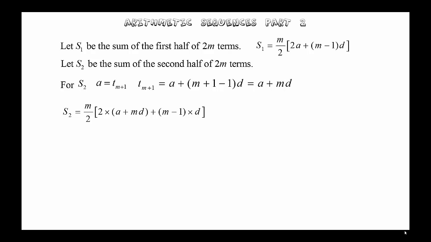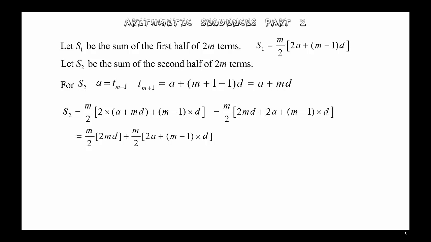Now what we're going to do is manipulate this formula for S2 to involve S1 as well. So first of all, let's simplify what's in the square brackets by expanding the brackets inside. And now just a bit more simplification. Now notice that the first part simplifies to m squared times d. And do you notice something about the second part?